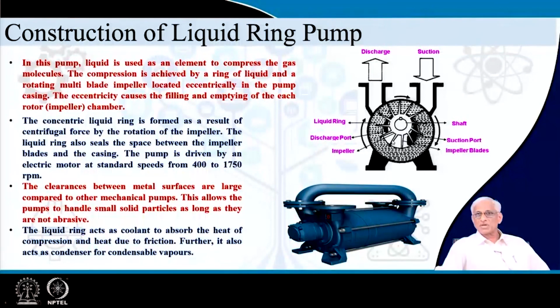And if you carefully observe the volume between 2 vanes, that means there are different sub chambers here, and the chamber volumes are decreasing this side, chamber volumes are increasing. These black looking things are basically ports through which air is being sucked, and here it is being exhausted.